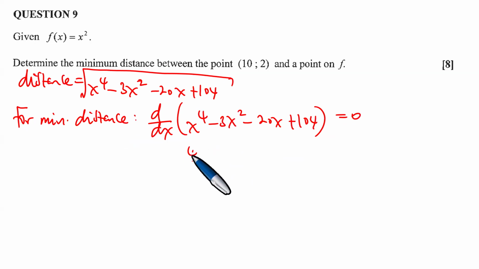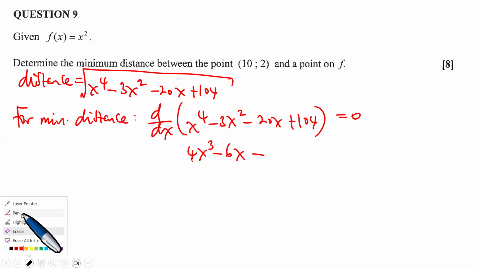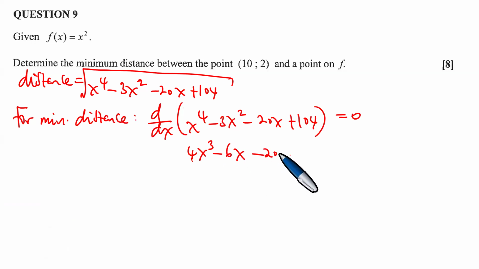Find the derivative of this, which is 4x cubed minus 6x minus 20, because you find the derivative of the 20x. The derivative of x is x to the power 0 because there's power 1 there. You bring down 1 times 20, and then 1 minus 1.